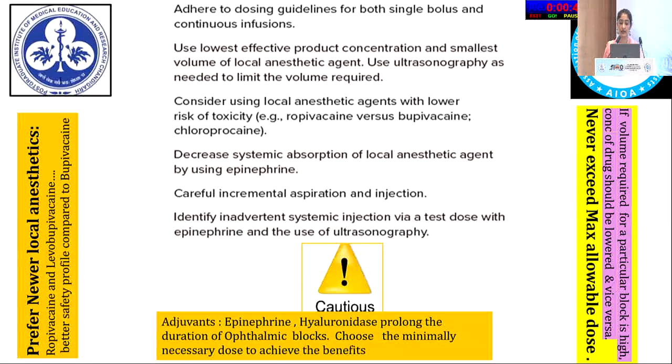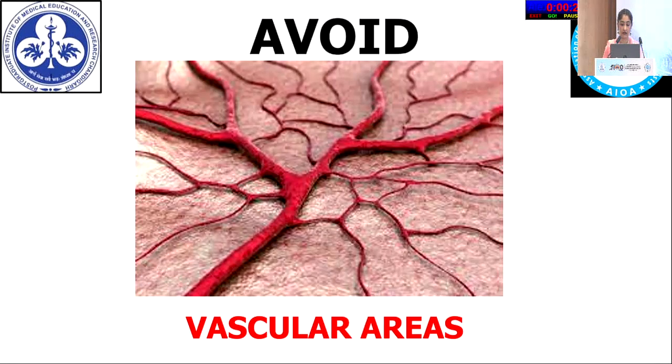You should use epinephrine to decrease the systemic absorption of local anesthetics. Incremental aspiration is encouraged, and small doses should be injected. You should always try and identify systemic injection via a test dose if possible. Avoid any vascular area because vascularity increases the absorption rate of local anesthetics.